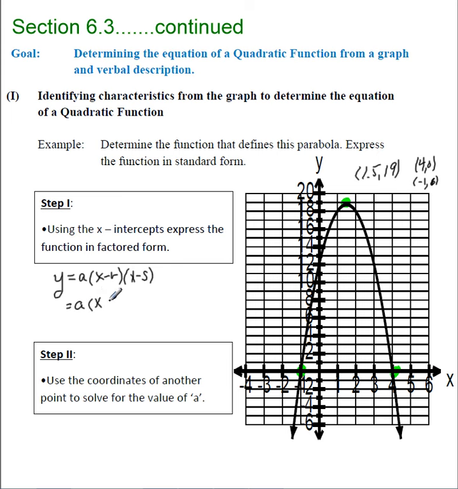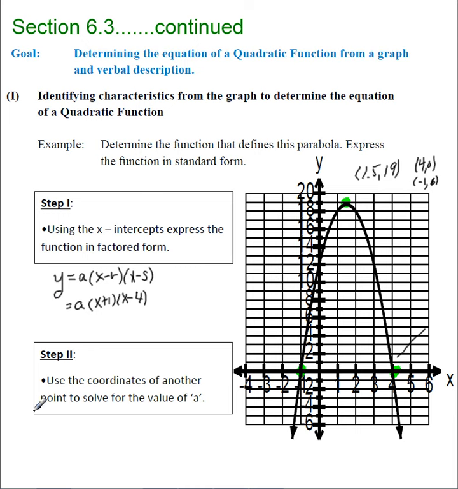What we've learned so far is that if the x-intercept is -1, then we put in the opposite value, so x plus 1. And here the x-intercept is 4, so we put in the opposite value, -4. And that's as far as we can take it right now.